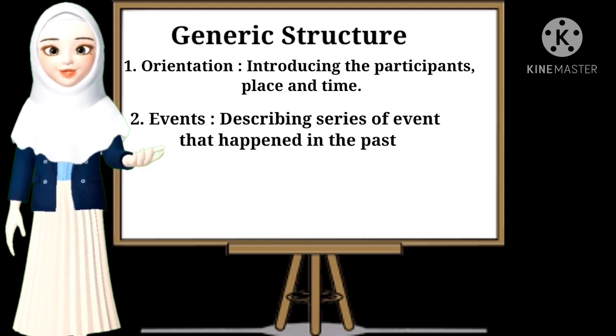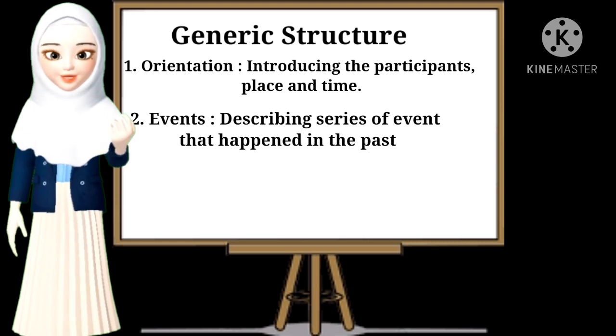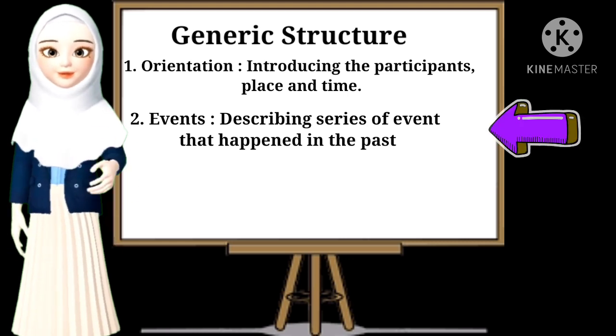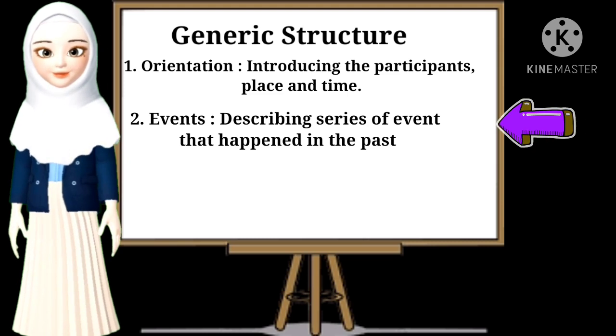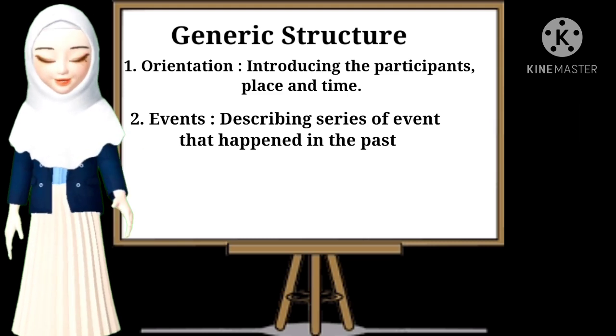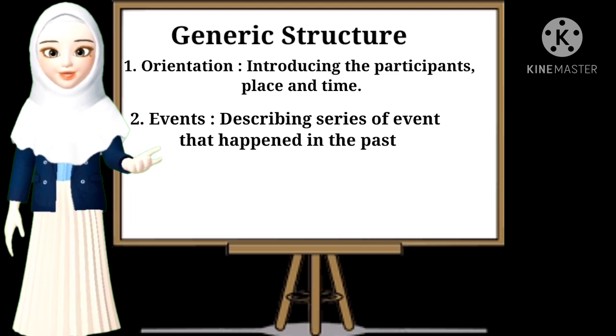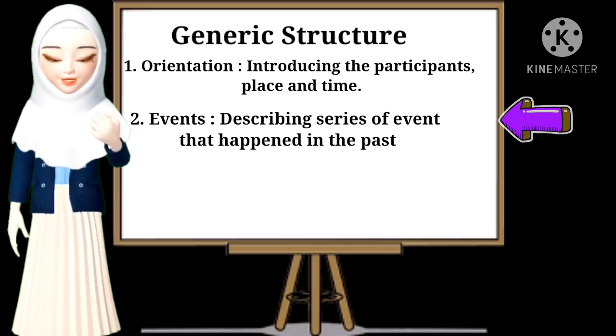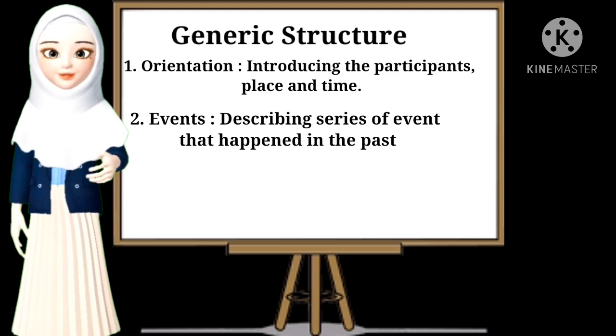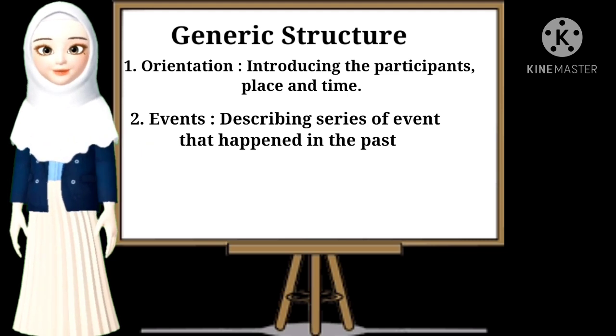2. Events. In this part, the writer tries to describe a series of events that happened in the past. We can say that this is the main content of the story because the writer describes a series of events that happened in the past.